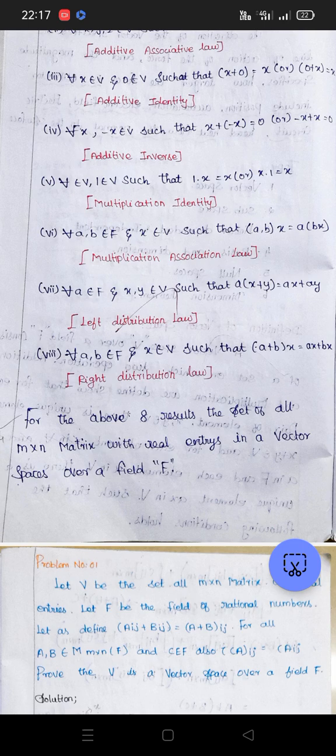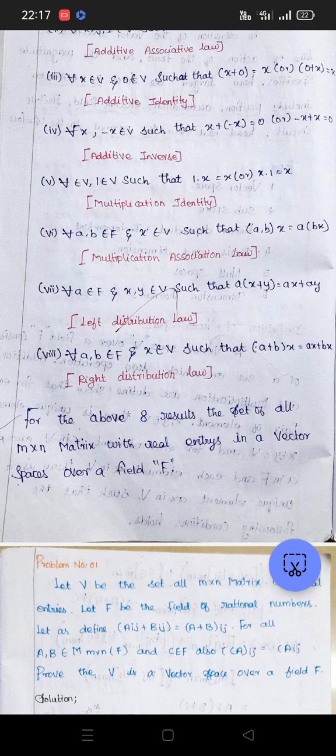The seventh condition: for all a belonging to F and x, y belonging to V, a(x plus y) is equal to ax plus ay, the left distributive law. The last condition: for all a, b belonging to F and x belonging to V, (a plus b)x is equal to ax plus bx, the right distributive law.